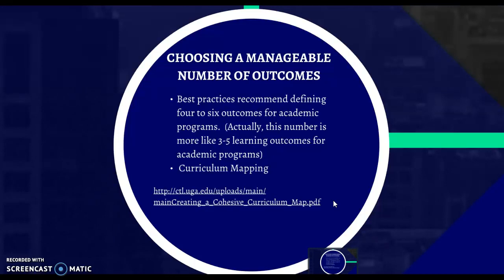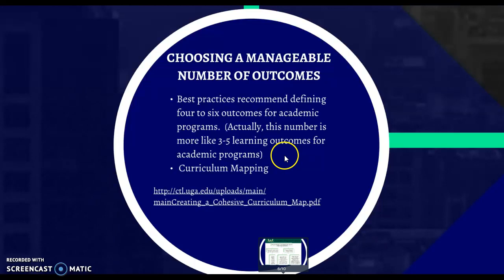Keeping them at a minimum amount, such as 3 to 5 or 4 to 6, is going to make assessing program learning outcomes a lot easier than if you have 15 to 20. 15 to 20 program learning outcomes is simply too many, and it is not consistent with best practices and it is highly unadvisable.